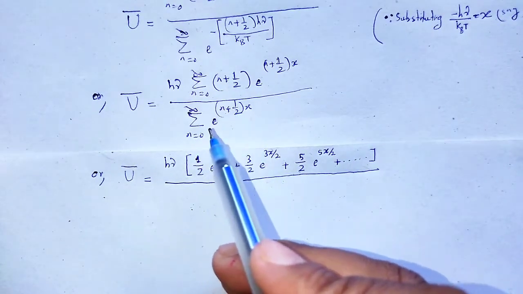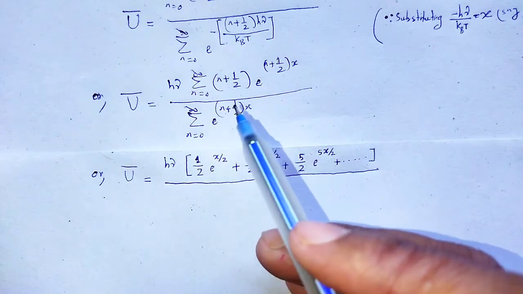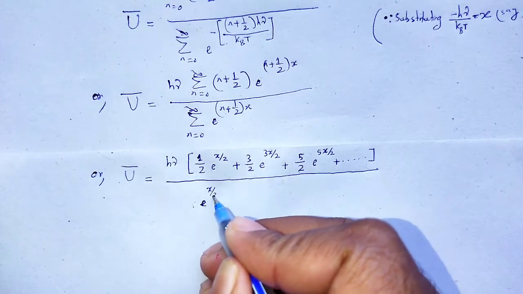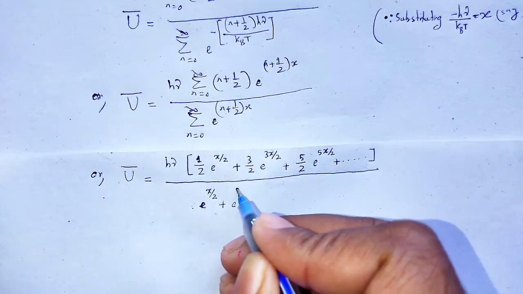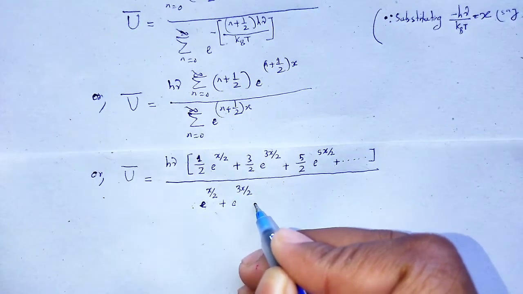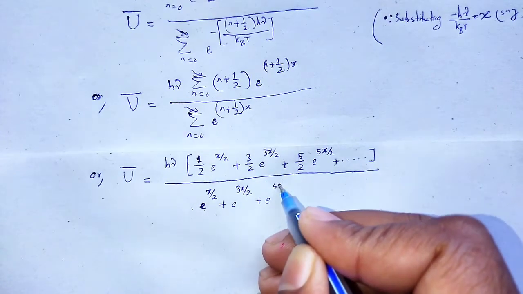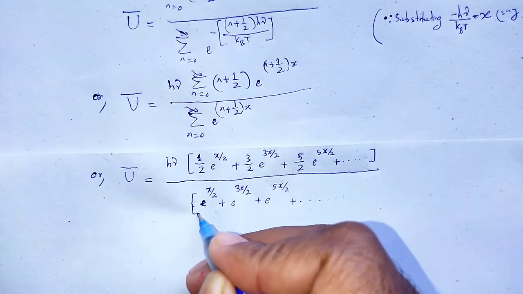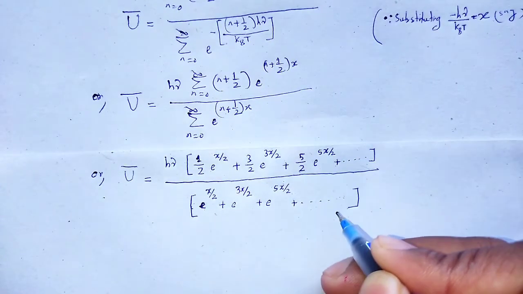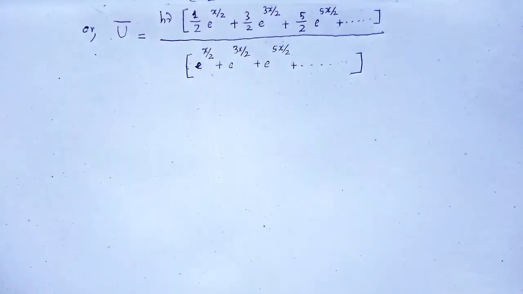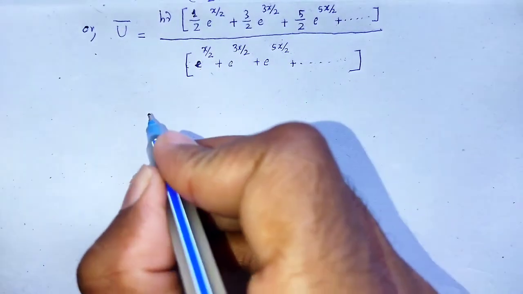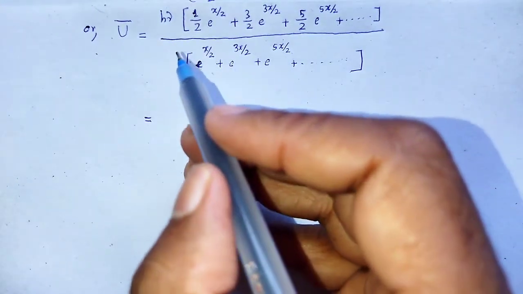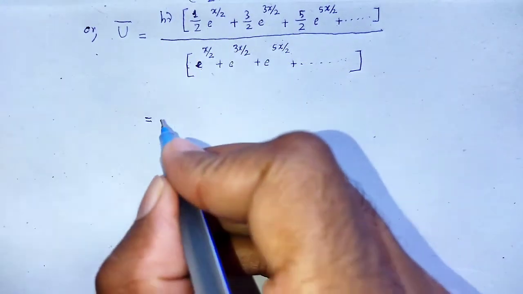again that summation is expanded by putting n is equal to 0, 1, 2, 3, like this. We have e to the power x by 2 plus e to the power 3x by 2 plus e to the power 5x by 2 plus dot dot dot, which is equal to h nu.